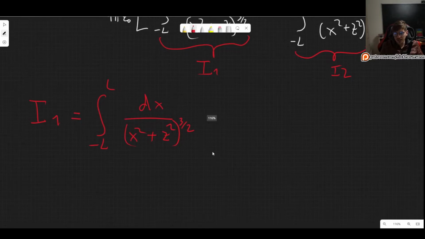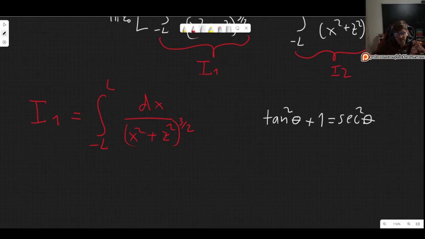Now, the logic behind what I will do is that I know that the tangent squared of theta plus 1 is the secant squared of theta. I know that you may be like, wait, why? Why are you even talking about that? It's completely unrelated. That is the logic here.